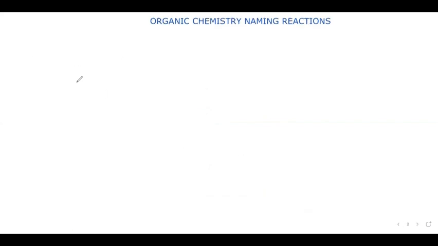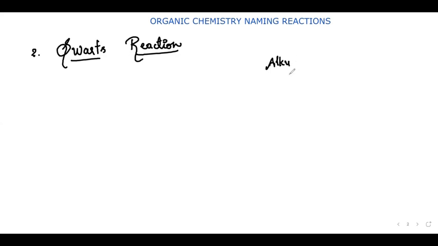Another halogen exchange reaction is called the Swarts reaction. In this Swarts reaction, we are going to prepare alkyl fluoride. So we are going to replace the halide group with fluoride. Alkyl fluoride can be prepared using this method. What is the reactant we should take? That can be alkyl chloride or bromide again.